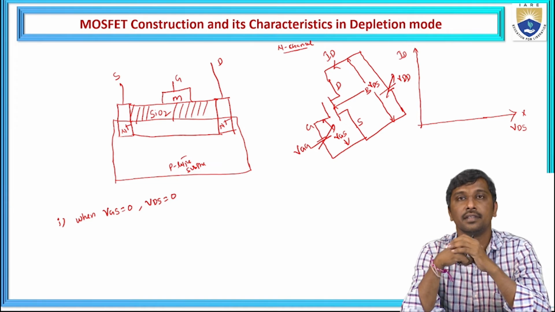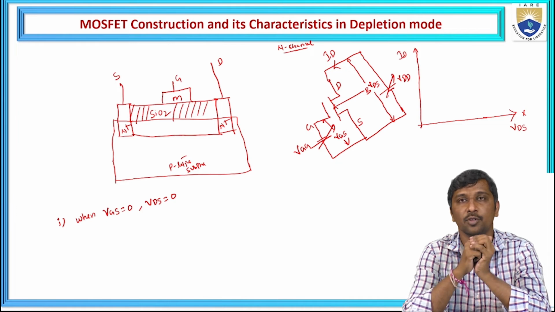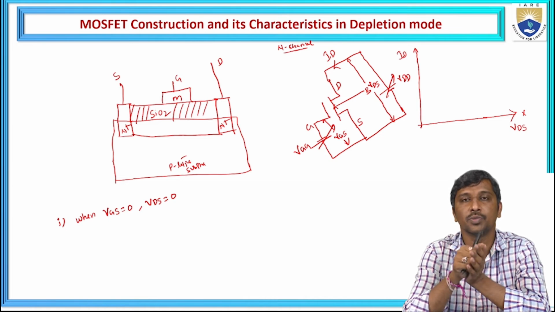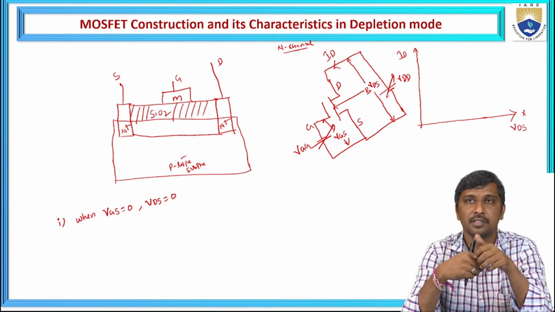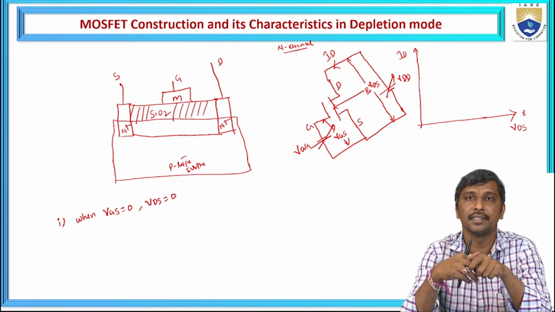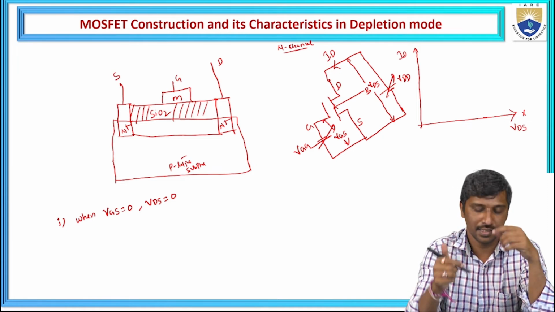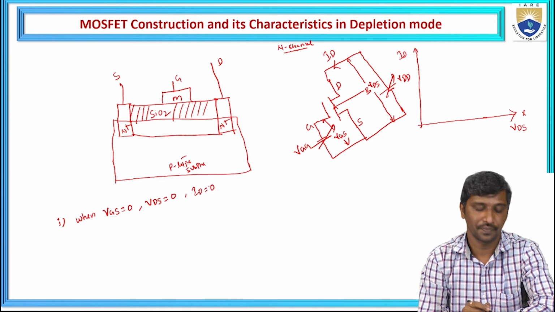Here I am not applying any biasing voltage between the gate and source terminals, as well as between the drain and source terminals. This means there is no external force, and no repelling of the charge carriers from the source to drain. Hence, it does not allow any flow of conduction in this field effect transistor. Hence, the drain current is 0.